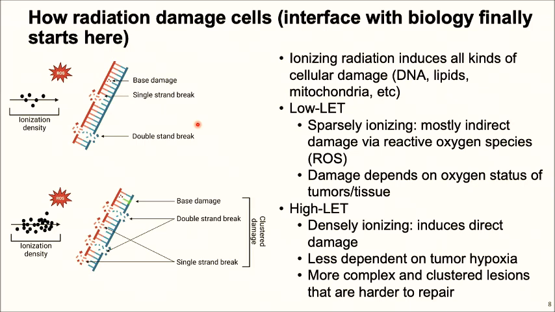On the other hand, high LET radiation, because of its ionization density, can cause direct damage to the DNA. And therefore, high LET radiation is less dependent on the oxygen status of the tumor. But the other important aspect of high LET radiation is that it produces very complex and clustered lesions that are much, much harder to repair than low LET radiation.